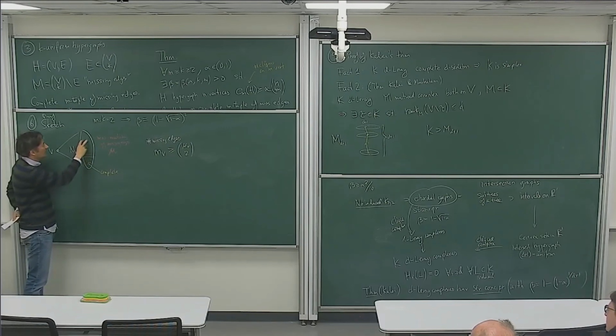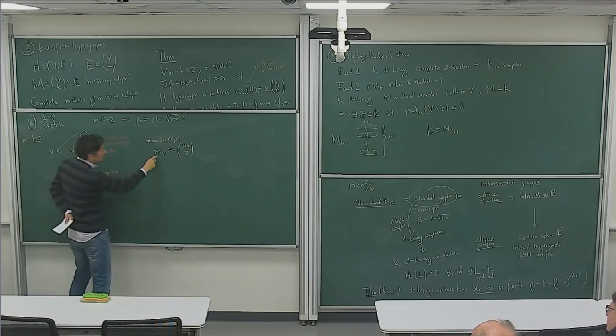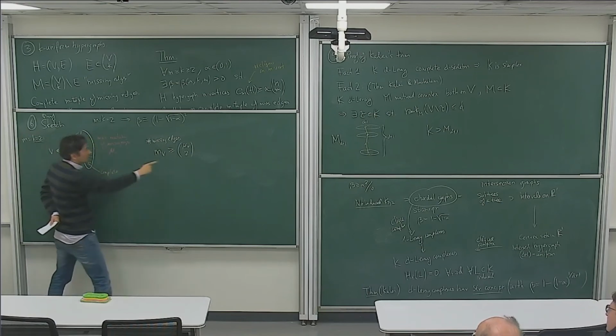But whenever you look at two of them, there's no induced K22. It means that there is some missing edge transversal from here into here. And then you can choose any two of these, you see another missing edge, everywhere you look. So the total number of missing edges in this neighborhood is at least that number.